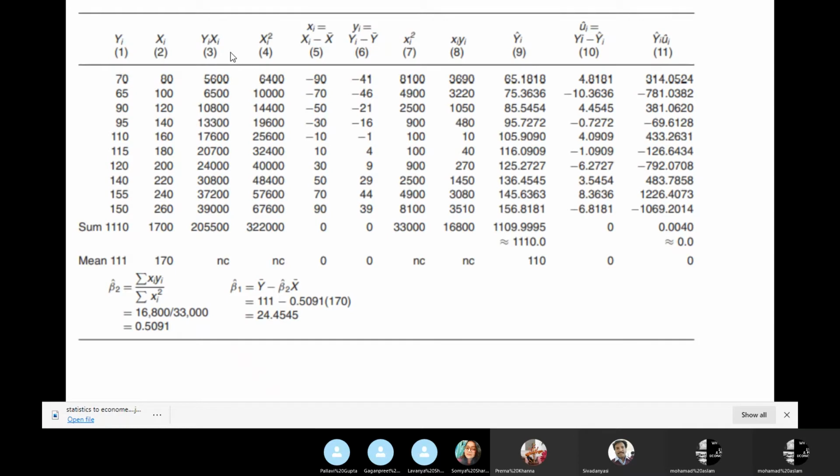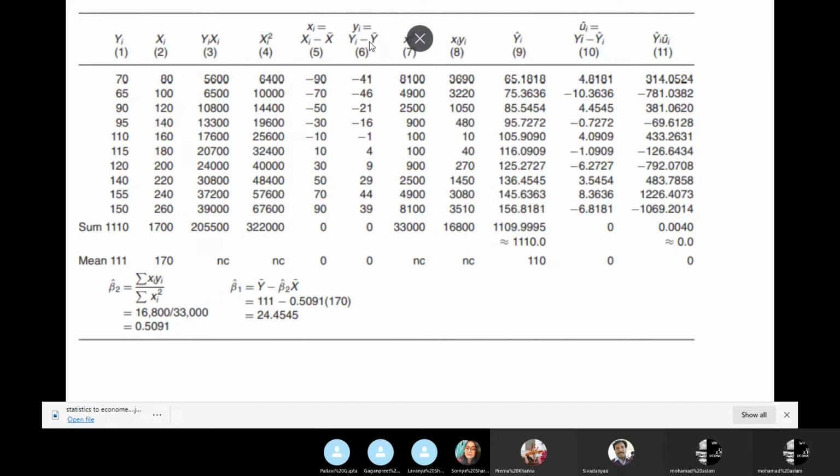So first you have to calculate the mean of x, that is 170, and the mean of y, 111.